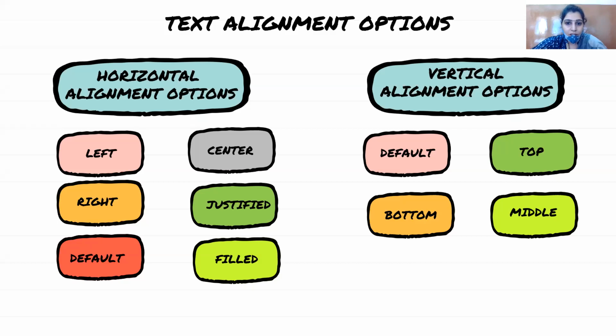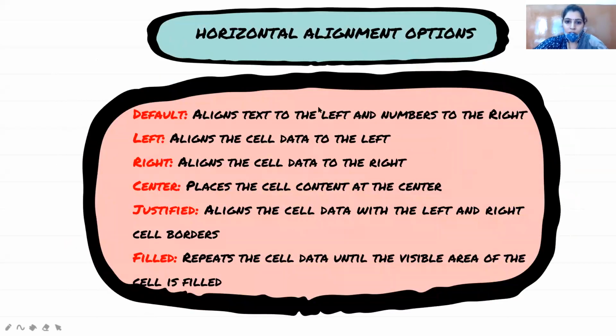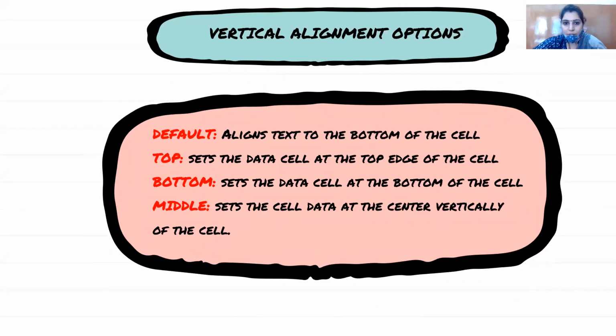So write it here. Default alignment is bottom. What is the default alignment in case of vertical? That will be bottom. Clear? Is it clear? Okay. The next is, what I have just explained, these are all the same things. You can read it later on. What I explained is the same description given here.